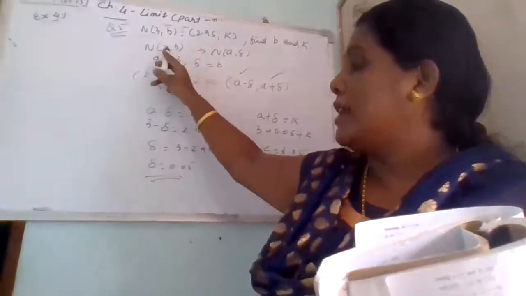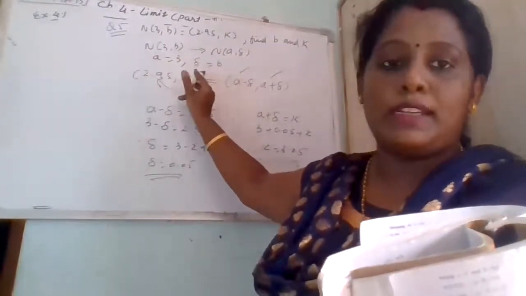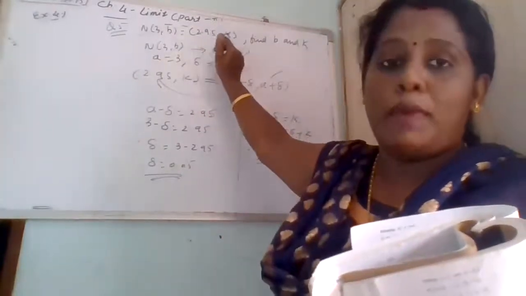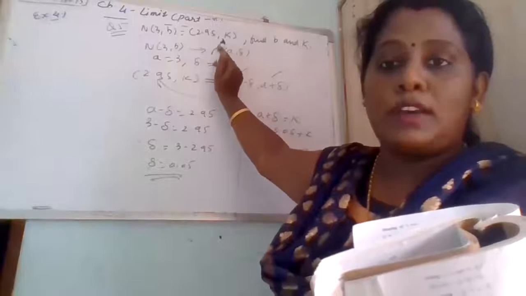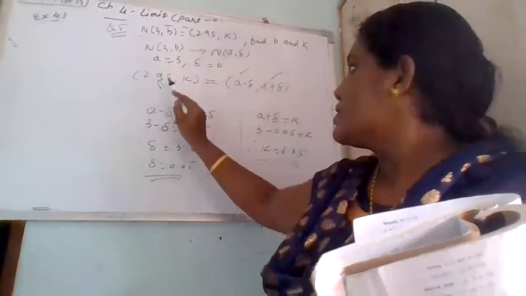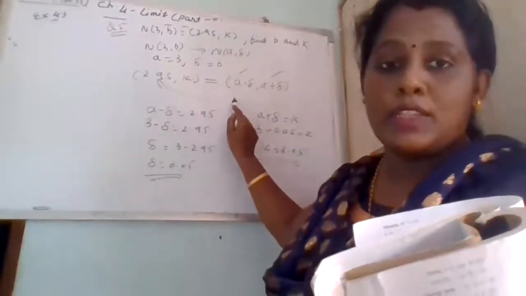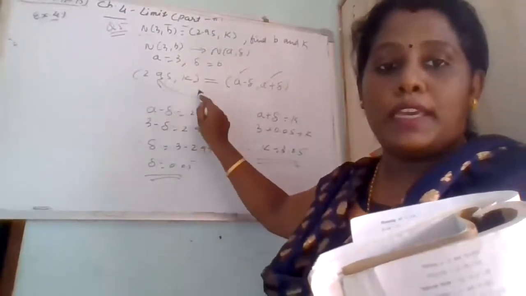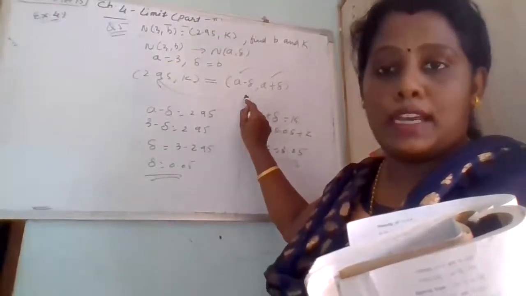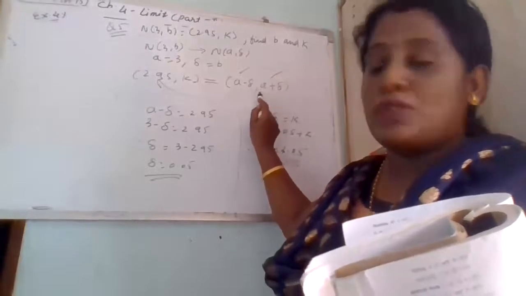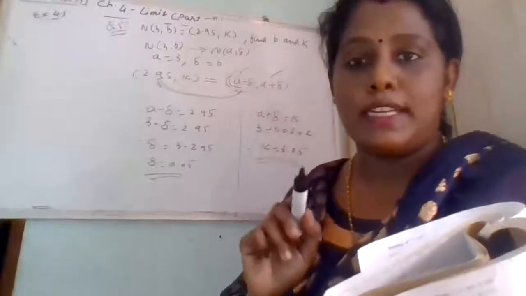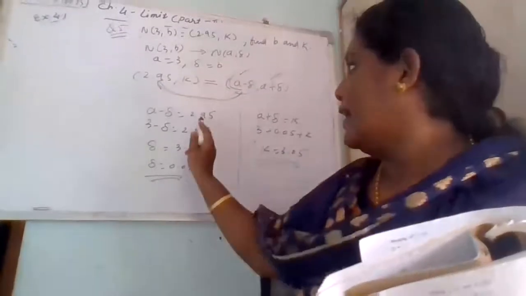So in place of a, 3 is given, in place of delta, b is given. Now next, 2.95 comma k. I told you this is in the form of interval. So 2.95 comma k can be written in the interval form as a minus delta, a plus delta. So first, a minus delta is equal to 2.95.